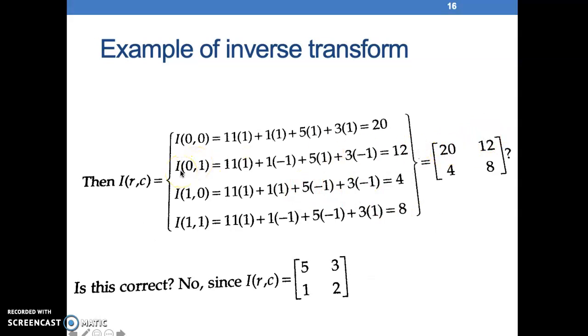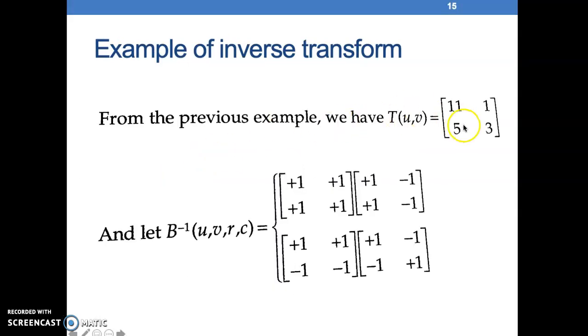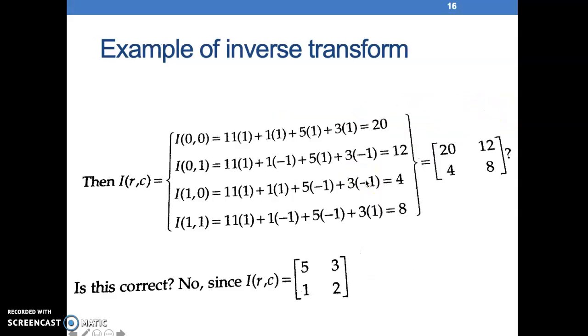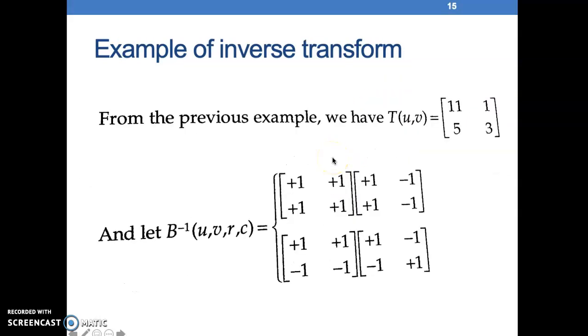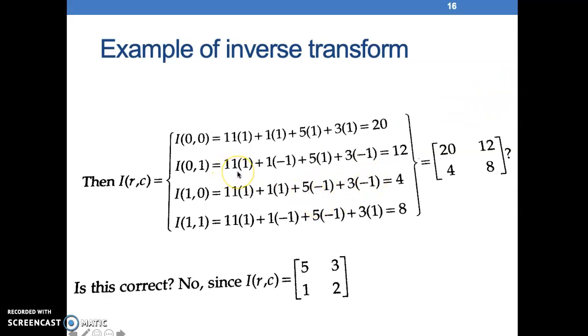For 0,1, this is 1 multiplied by 1, 1 multiplied by 1, 11 multiplied by 1, 11 multiplied by 1. So you will do the projection the same as the forward, where you will do the inner product with the original basis image. So you will get 20, 12, 4, 8.